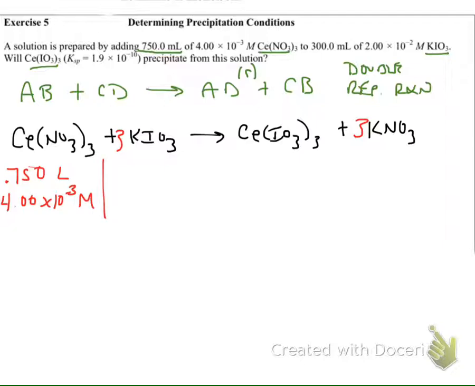And for the potassium iodate, I have 0.300 liters, simply because 300 milliliters divided by 1,000 is 0.3, and this is 2.00 times 10 to the negative second molar. Now what I'm doing is I'm adding these together, and this is going to bring about a new concept.